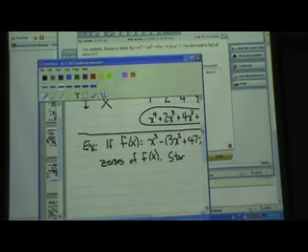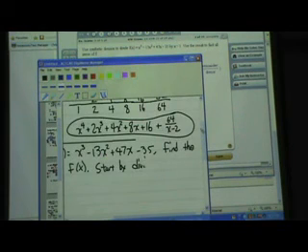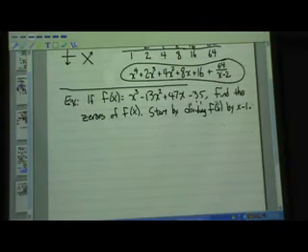Start by dividing f of x by x minus 1. And yes, I am taking some liberties in rewording this problem, but this is the gist of it. Find the zeros. By the way, start by doing this division problem.